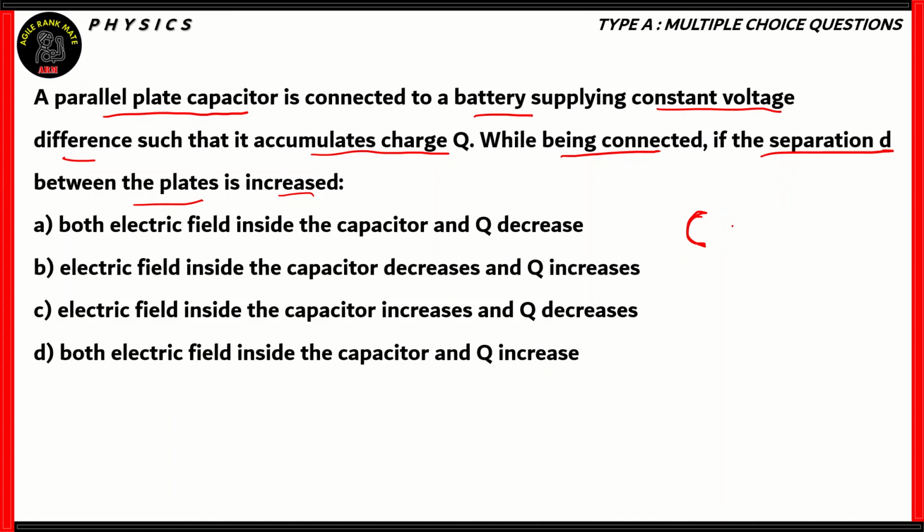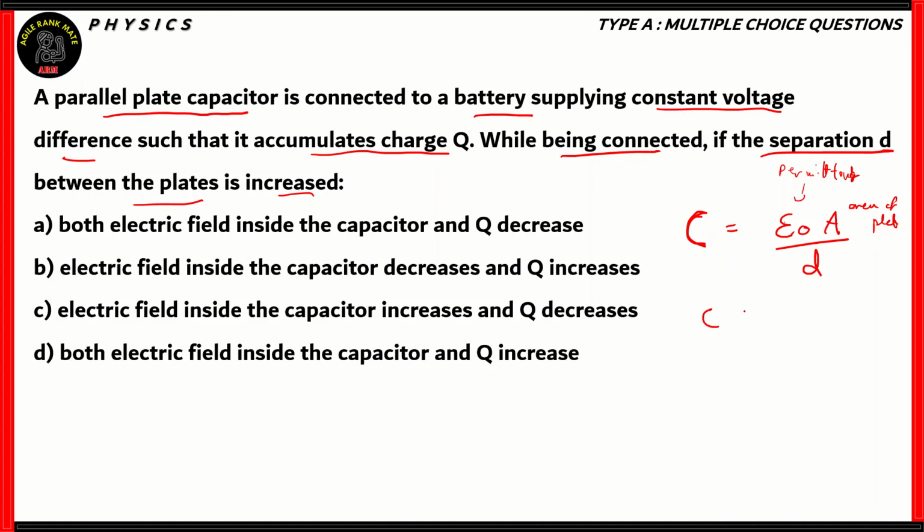So capacitance is related with the separation between the plates through this formula. Capacitance C equals epsilon naught, which is permittivity, times area of the plate over the separation D.